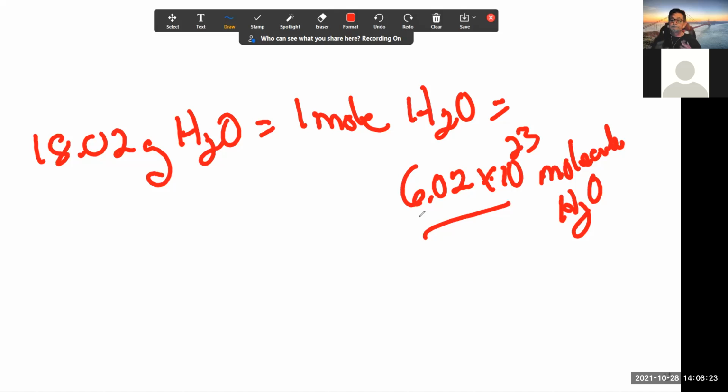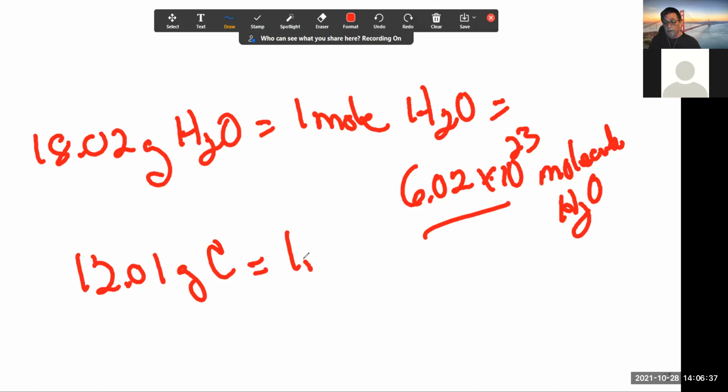Okay. Just like we've been doing earlier when we just had an atom, carbon: 12.01 grams of carbon is equal to 1 mole of carbon, which is equal to, guess what? 6.02 times 10 to the 23rd molecules or atoms of carbon, okay?